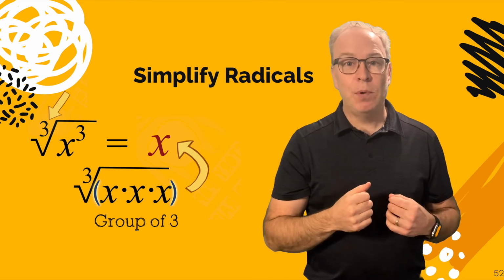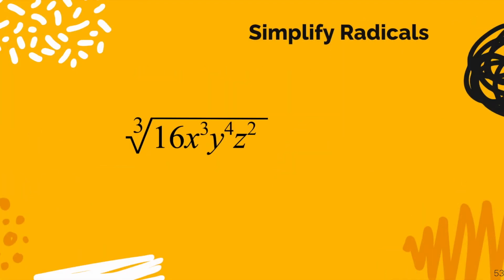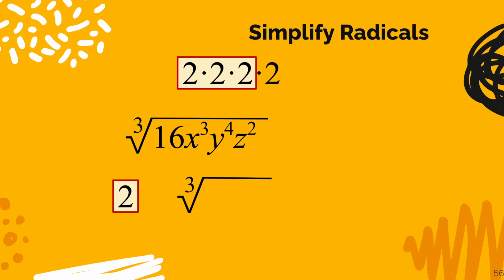Let's look at an example with that cube root now. In dealing with the cube root, we simply look for groups of 3, and then they can get out of the radical. So let's break down this radical. We have a 16. That's the same thing as 2 times 2 times 2 times 2. It sure looks like there's a group of 3 there, so I'm going to bring it out as a 2 on the outside of the radical, leaving behind a 2 under the radical.